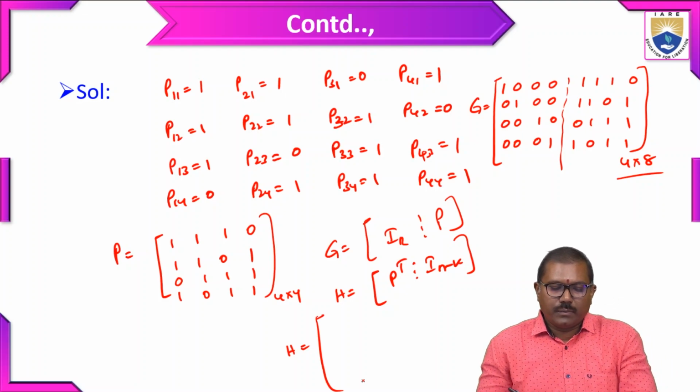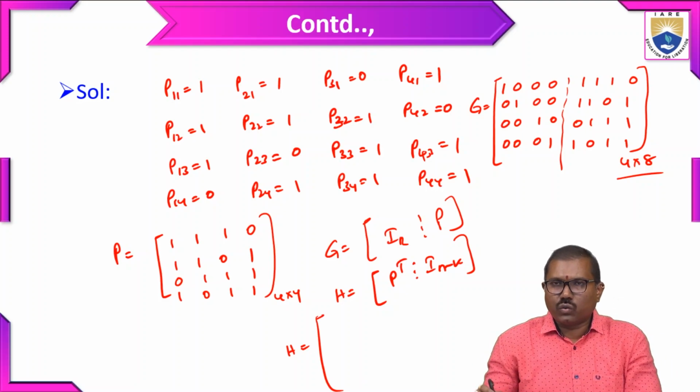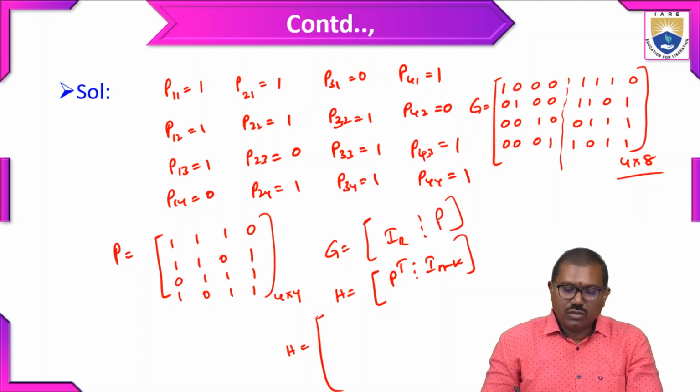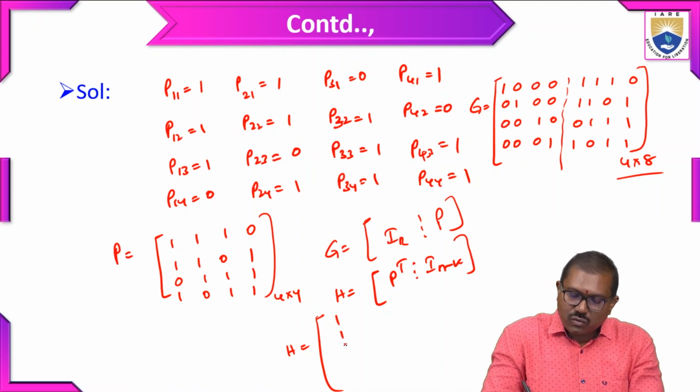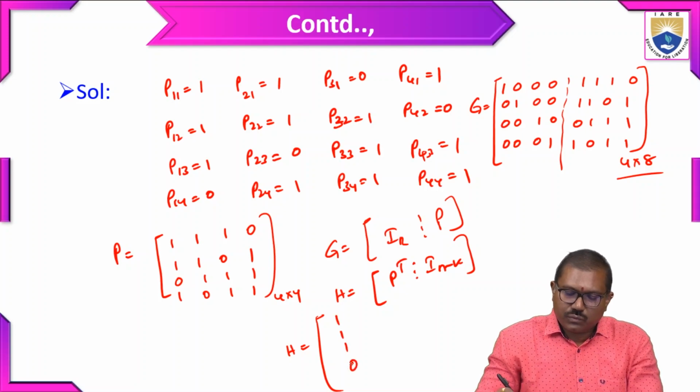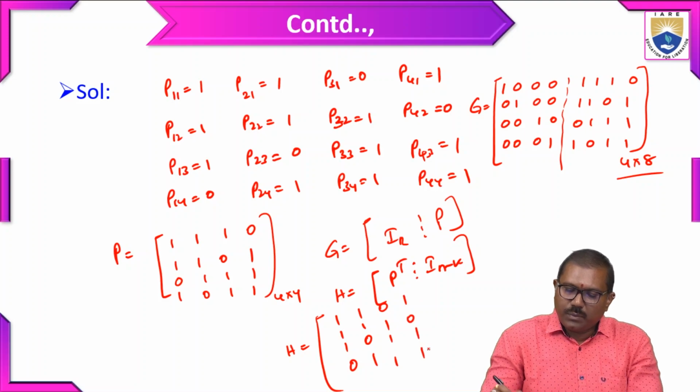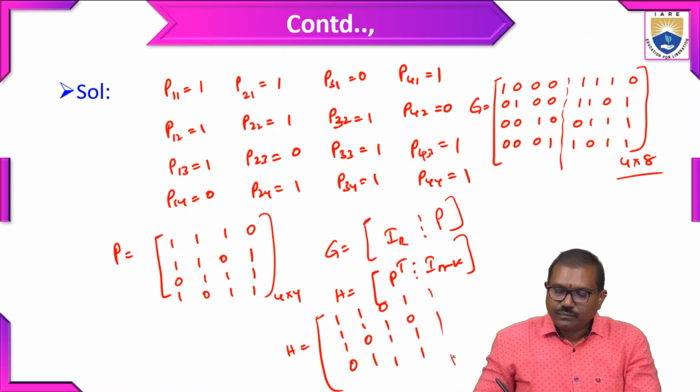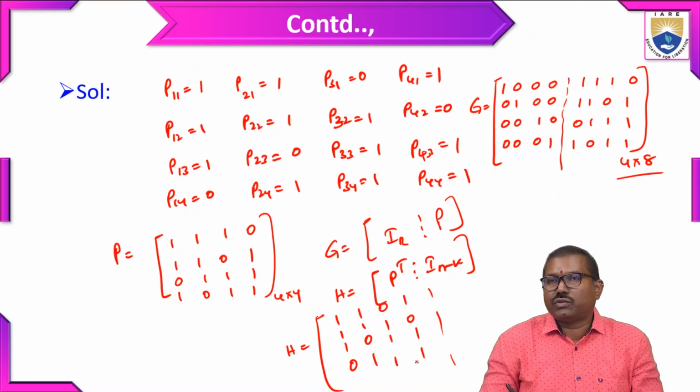So what is my P? 1, 1, 1, 0 in the first row. Again this comes to a column. So 1, 1, 0, 1 and here 0, 1, 1, 1. And 1, 0, 1, 1. This is my P transpose.